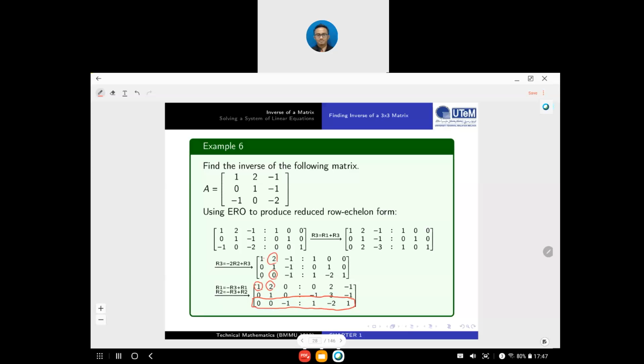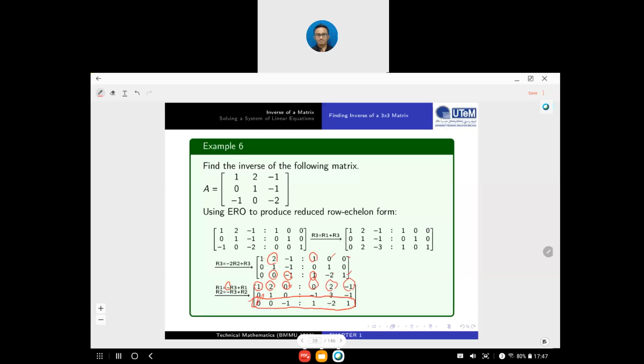Negative 1 times by negative 1, so 1. 1 minus 1, 0. Negative 1 plus 1, 0. Negative 2 times by negative 1 is 2. 2 plus 0 become 2. And then 1 times by negative 1 plus 0 become negative 1. That one is for row 1.